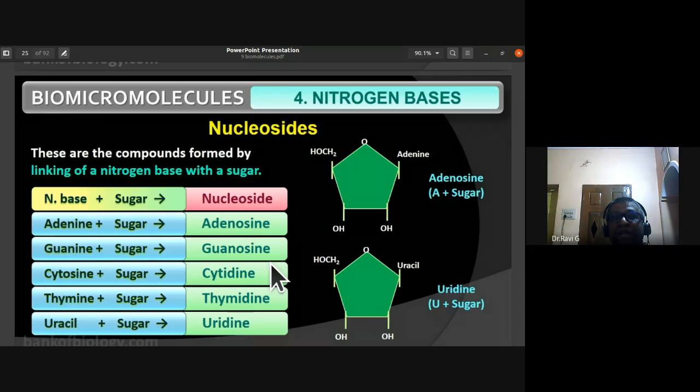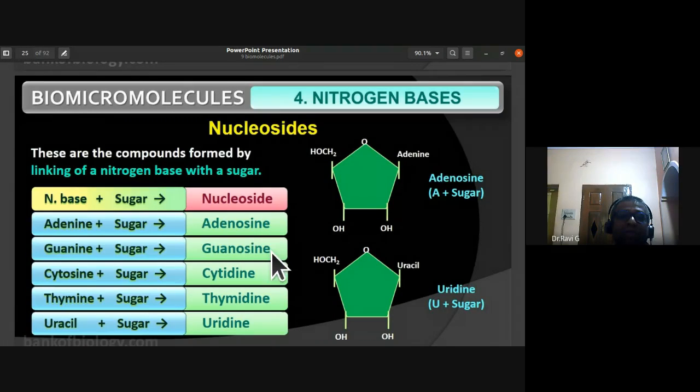Whenever I say adenosine, you should remember that I'm talking about a nucleoside. If I say guanosine, I'm talking about a nucleoside. If I just say guanine, I'm talking about the nitrogen base. If I say guanilic acid, then I'm talking about the nucleotide.